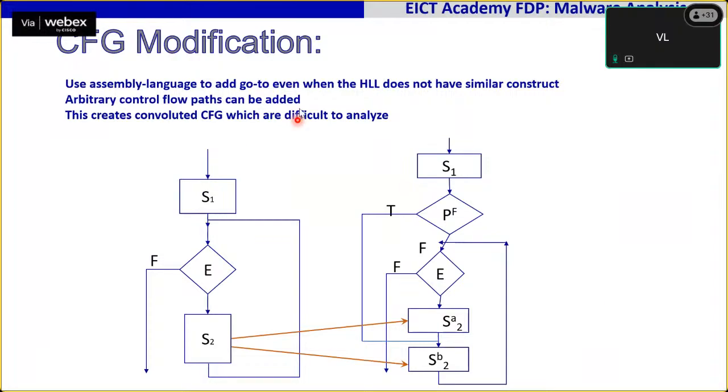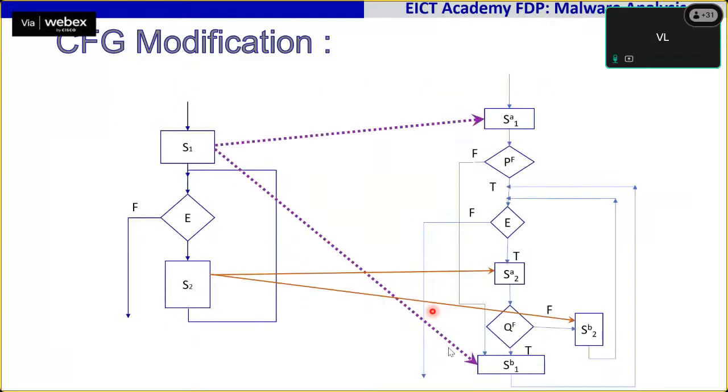Similarly, here the control flow graph is being modified. So this basic block is being divided into two basic blocks. It appears that these basic blocks are part of two different loops, but it is not so. They will actually be executed the same way. So the control comes here, comes here, and comes there. So it will be like this only.